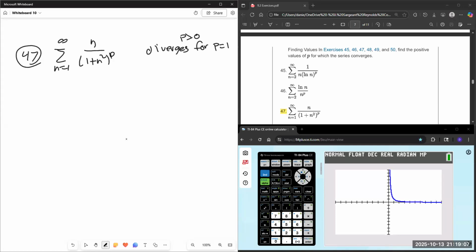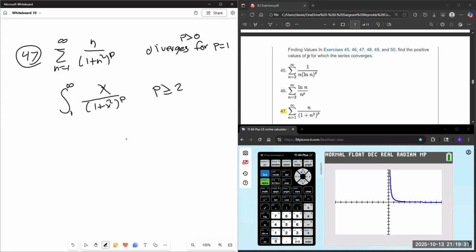So starting with p equal to 2, I'll go ahead and look at this situation of the integral from 1 to infinity of x over 1 plus x squared to the p, where p is greater than or equal to 2.